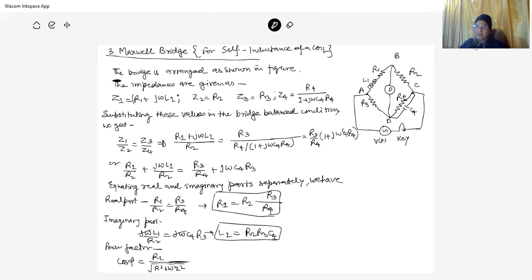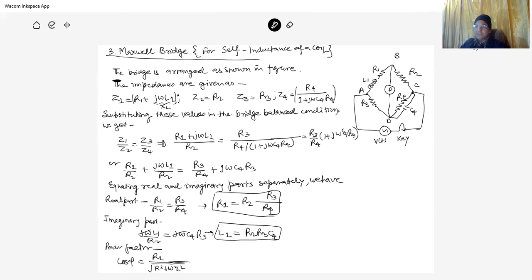So the impedances are Z1 is equal to R1 plus j omega L, this is XL. Z2 is equal to R2, Z3 is equal to R3, and Z4 is the parallel combination of the resistance R4 and XC4, that is R4 upon 1 plus j omega C4 R4.